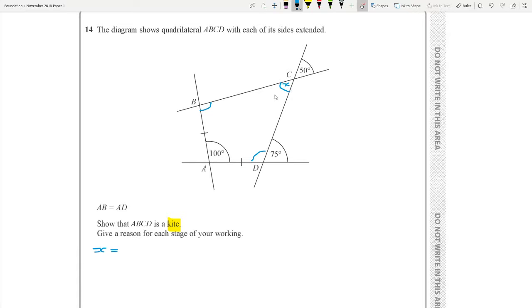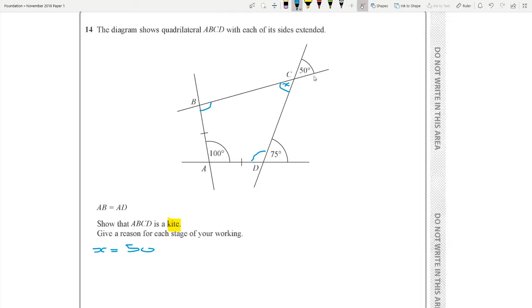Why? Nabila Begum, 50. Can you tell me why? It's correct, it is 50. But we need to give a reason for each stage of our working, so we can't just leave it at that. Yeah, Suzanne, you've got it.